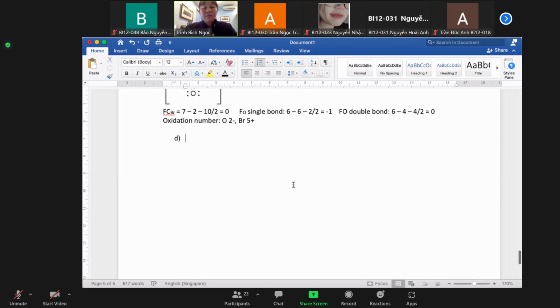And then I give you the solution for D. Here you cannot obey the octet rule for chlorine. It will be like this.